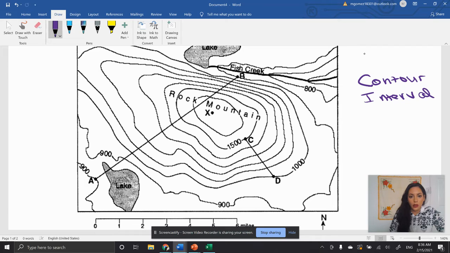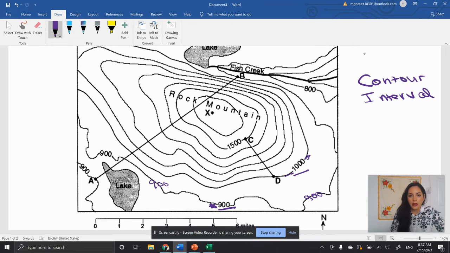It's the difference between one contour line and the next. If you see a number on this contour line, that means that if you trace all around that line, it's the same elevation here as it is on the other side. If it's 900 here, then it's 900 right here, as long as you don't lift up your pen, pencil, or finger.